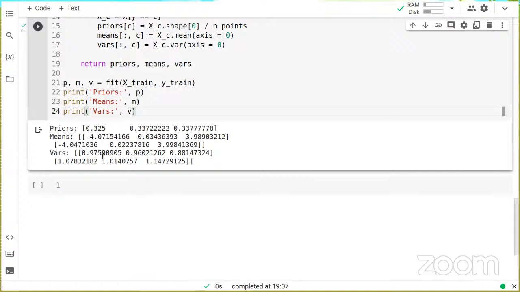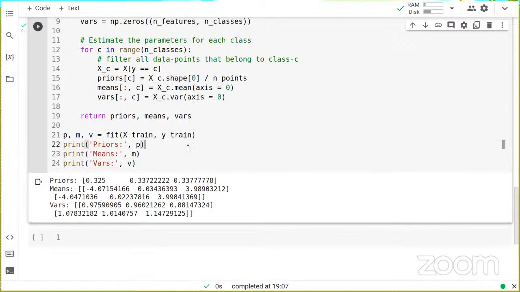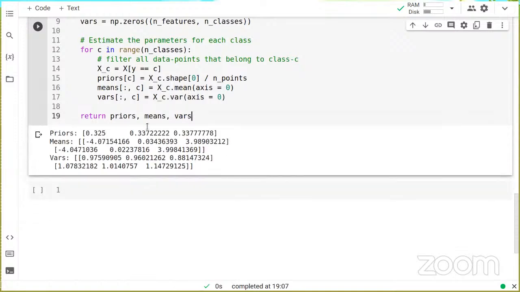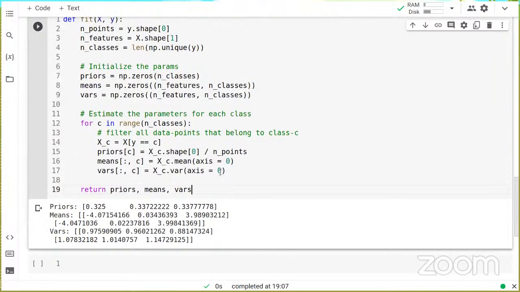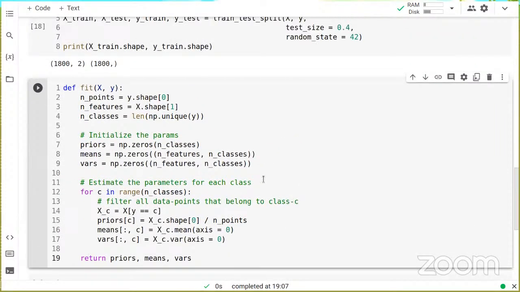Because we had a diagonal covariance matrix, the variances of the variable should be 1. Okay, so now we can peacefully go ahead and do the other parts, since we know that the fit is working correctly.